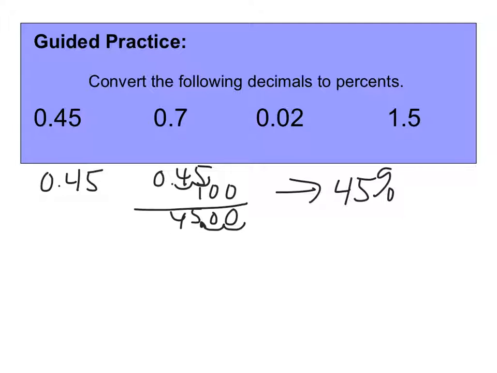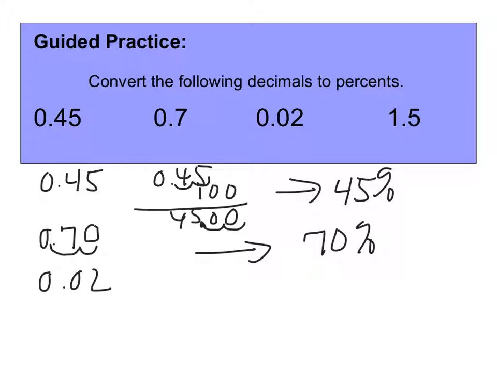I'm going to use this shortcut now for the remainder of the examples. For 7/10, if I move my decimal point 2 places to the right, I end up with this space right here, and I'm going to put a 0 as a placeholder. So this ends up being 70%. 7/10 becomes 70%.